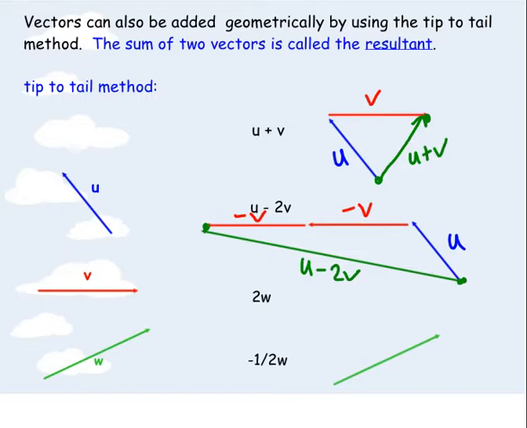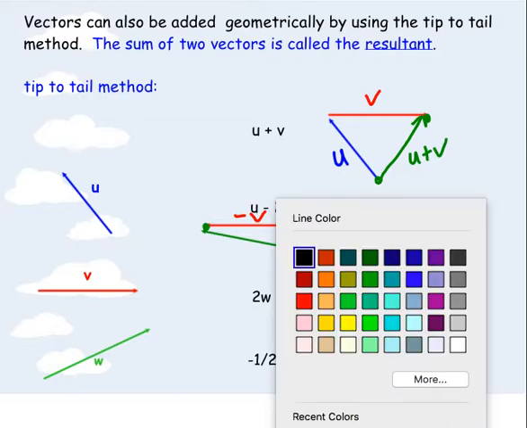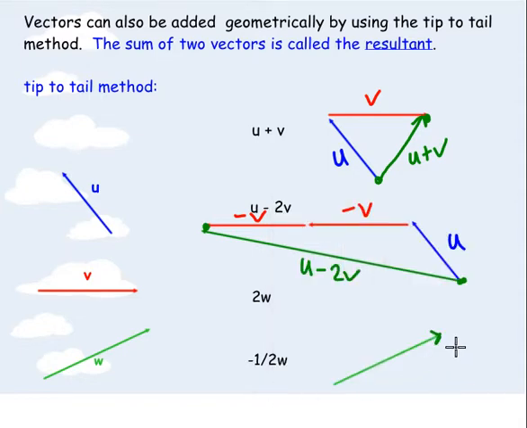So I'm going to emphasize this arrow a little bit better. Now if I was going to do -1/2 w, I'm going to start where it ended before, go the opposite direction and only about halfway. That would be -1/2 w.